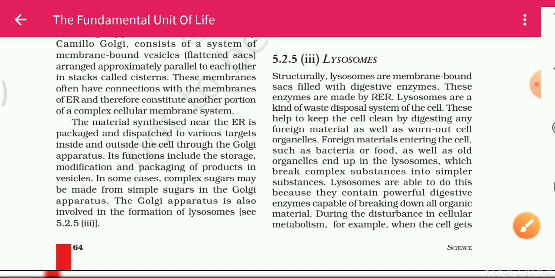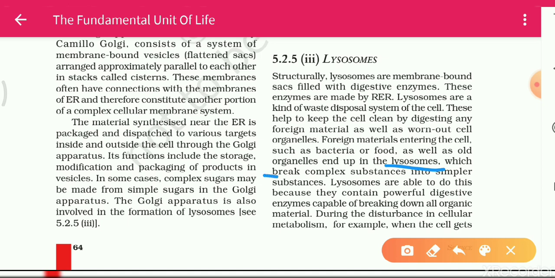Foreign materials that enter the cells, such as bacteria or food, as well as old organelles, end up in the lysosomes, which break complex substances into simpler substances. Now how do the lysosomes eat this?